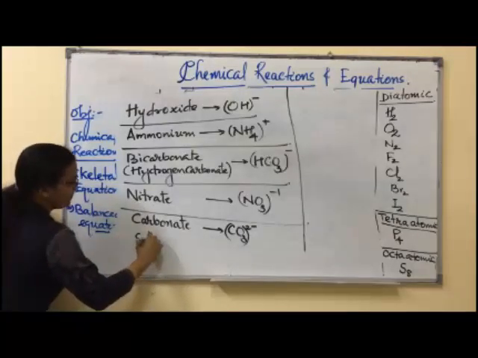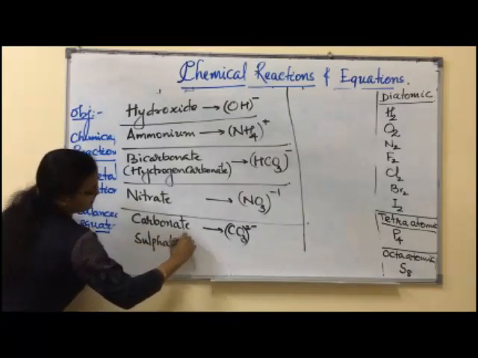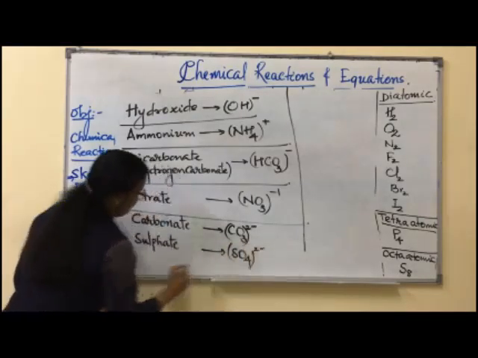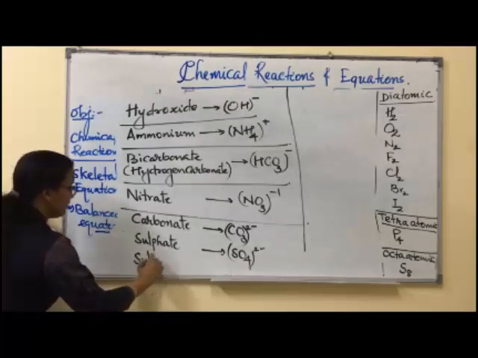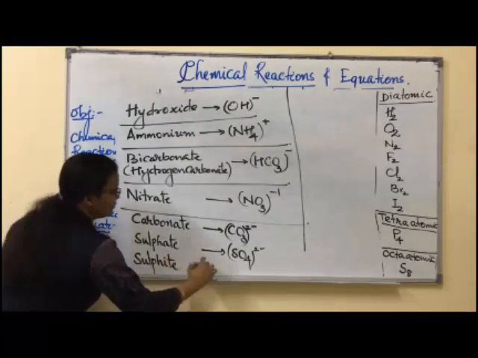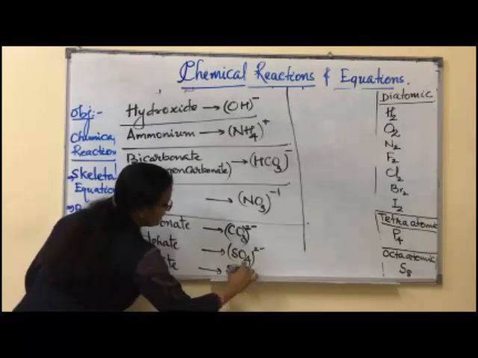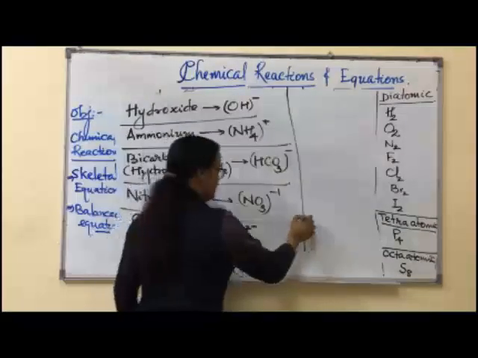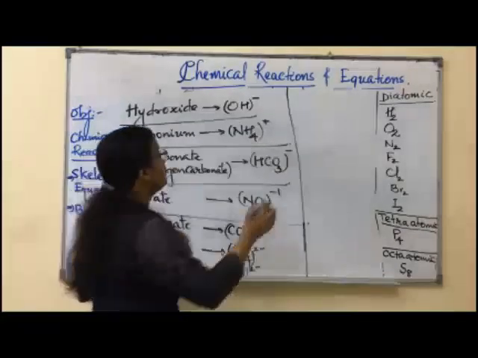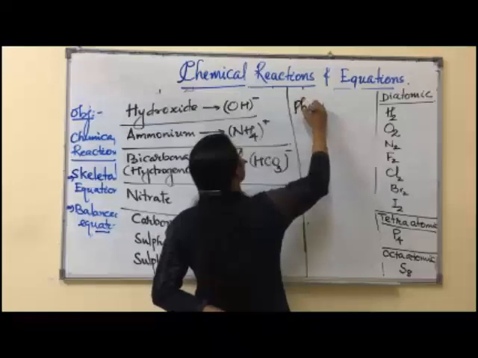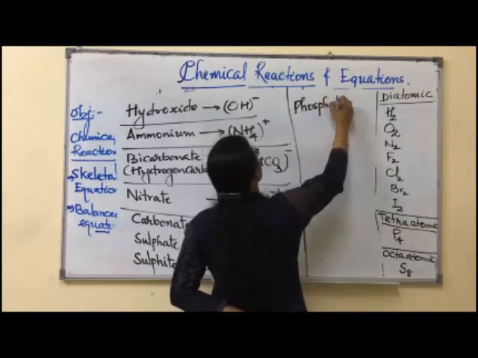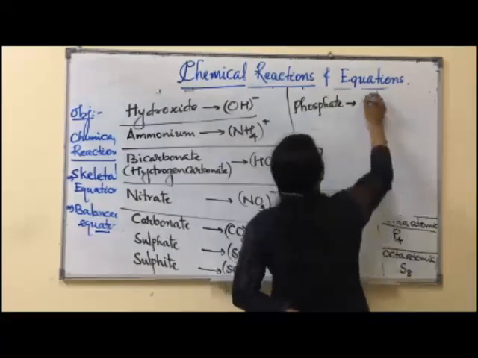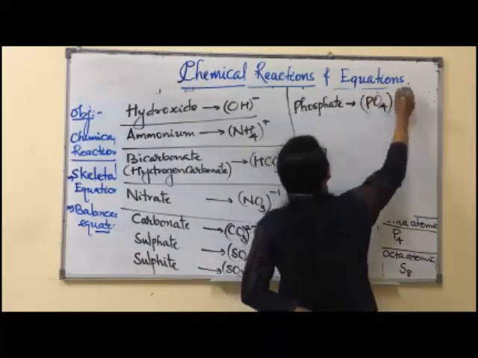Then sulfate, SO4 2 negative, then sulfite, SO3 2 negative, then phosphate is PO4 3 negative.